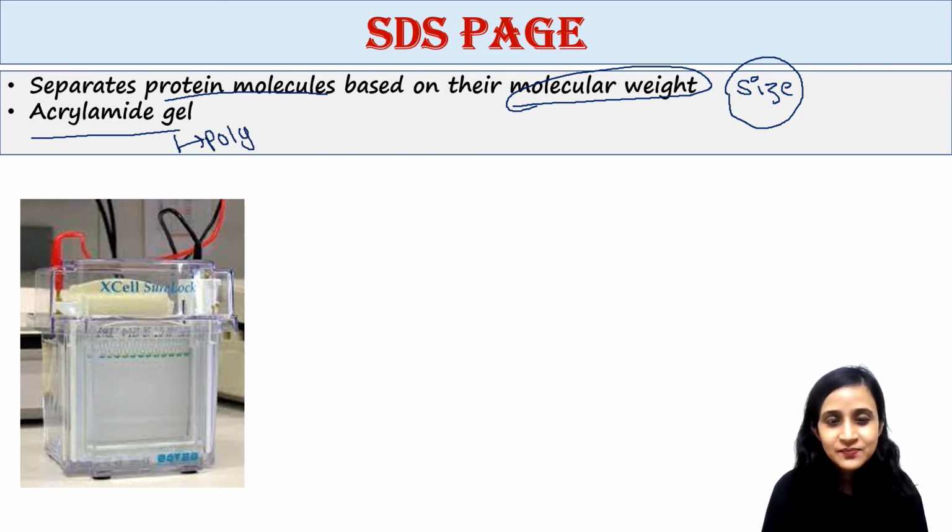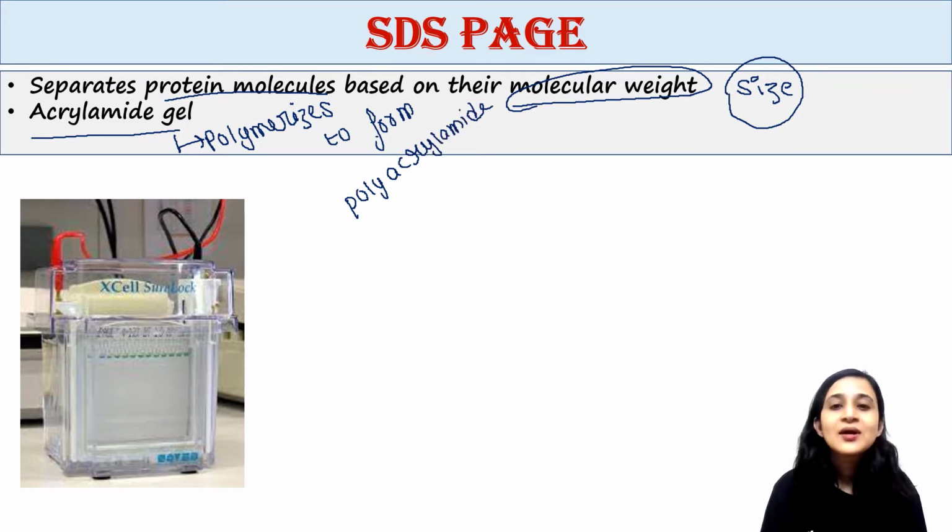Acrylamides polymerize to form polyacrylamide gel.